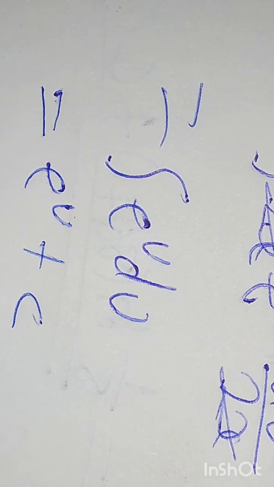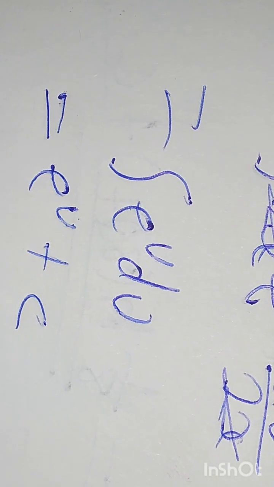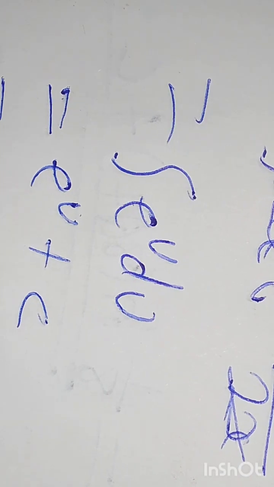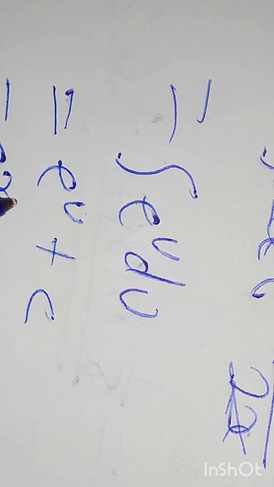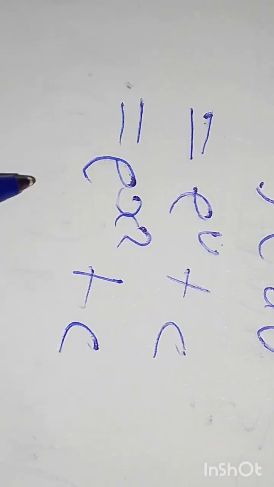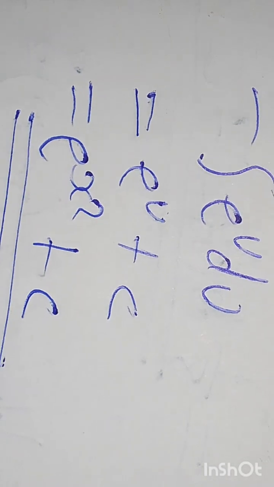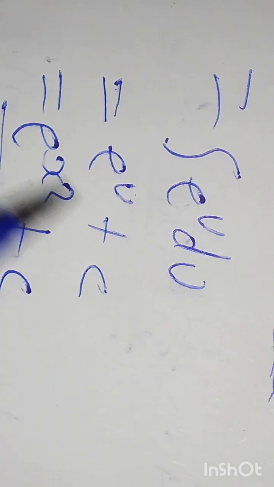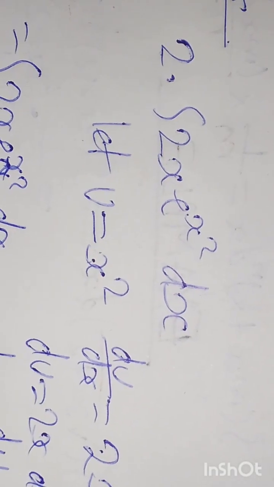That's what we always get when we do this. Then we said our u is x squared, so it's exponential x squared plus c. If you differentiate this function, you find the same answer we started from. That's how it works. We are done with example 2.